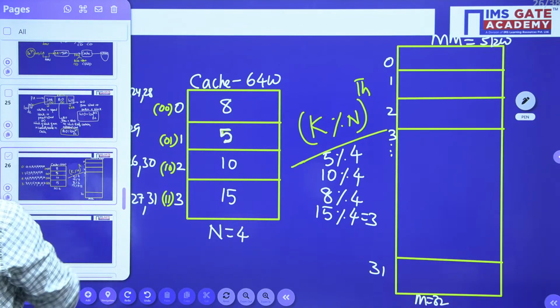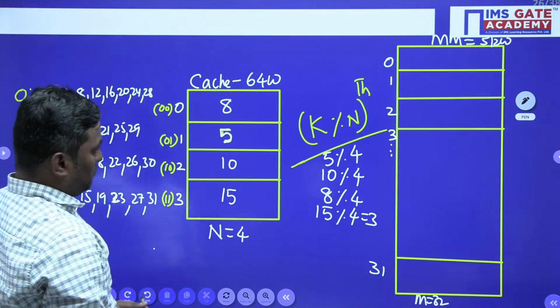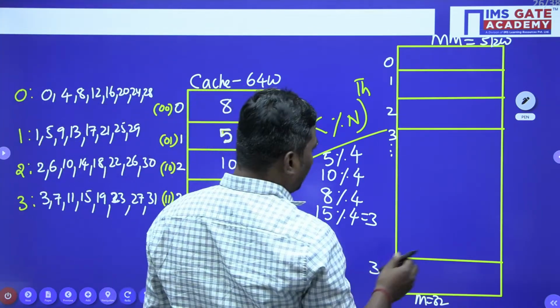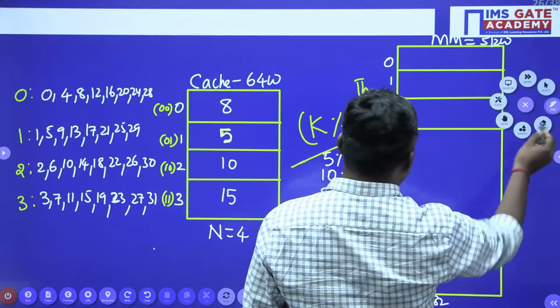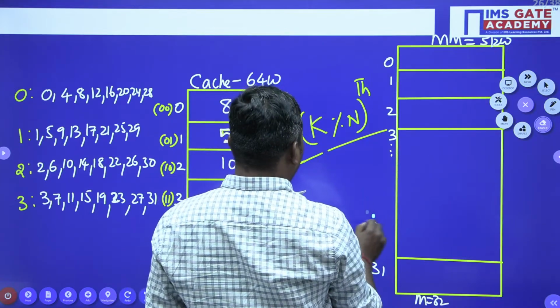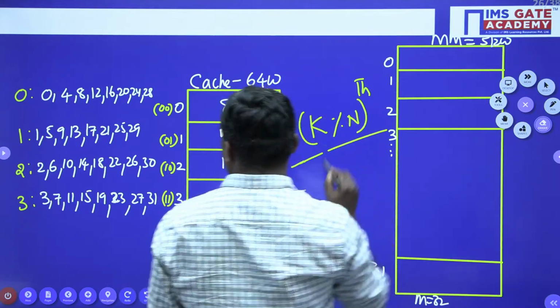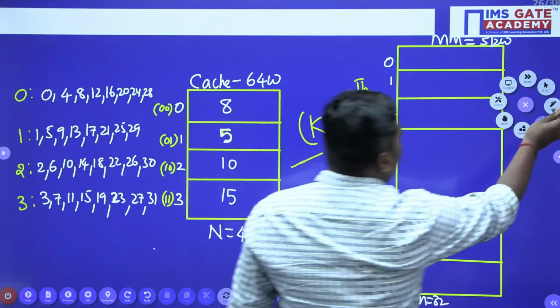Okay. Look, the same example I am considering. Look here. So I'll remove this one. Okay. Look clearly, all of you. Currently, these are the blocks are there. Okay. Okay, this is fine. Let it be. Okay. Look, all of you.